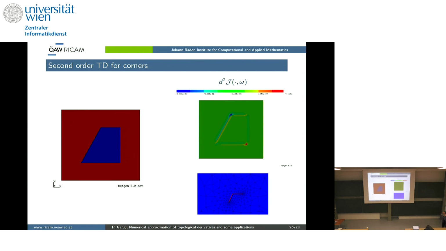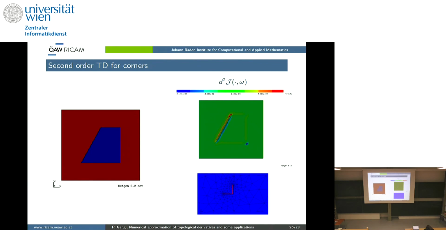Then we asked what is the inclusion shape that gives the smallest value of second order topological derivatives, and it told us it's this inclusion shape, so this angle. And if we look at the picture of the second order topological derivative over the image, it says at this location there should be an inclusion of this form, meaning that it detects a corner of this type up here.